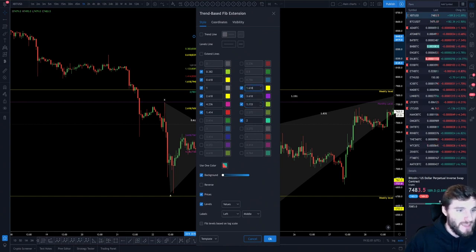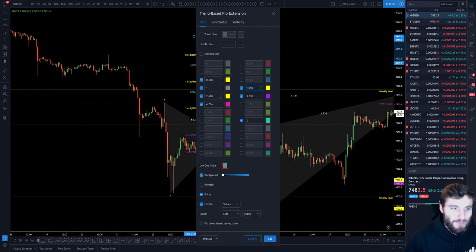But primarily, the main ones you're going to be looking for are the 0.618, the 1, and the 1.618. Obviously these higher Fibonacci numbers are also not used too much, only on one harmonic pattern, so I'll remove it temporarily. Your main ones are going to be the 0.618, the 1, and the 1.618.